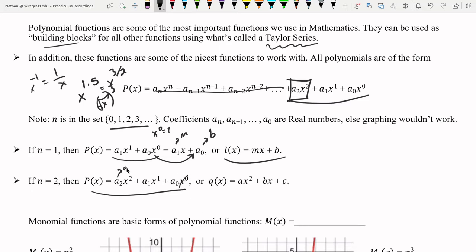I'm going to name these A, B, and C, and that gives us the quadratic function. So linear functions, quadratic functions, and you can look at cubic and then quartic functions and so on and so forth, but anything higher than quadratic is really just thought of as a general polynomial function. And so that's what we're going to be looking at.